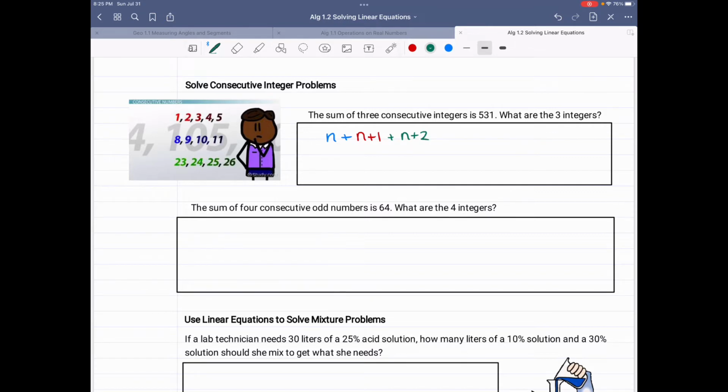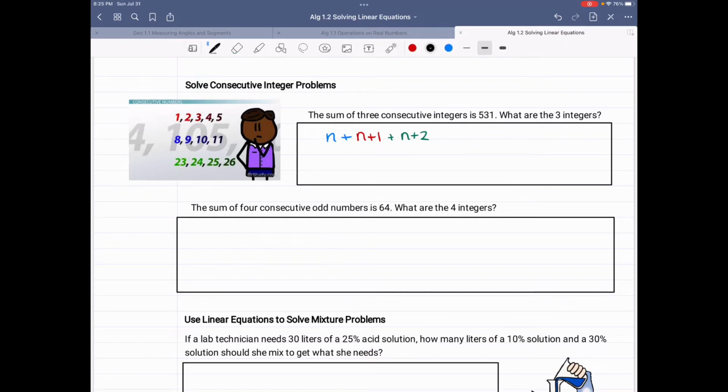Okay, so think of it as if we plugged in the number 1 into n. You don't need to write this down, I'm going to erase it after, but if you put 1 here, the next number would be 1 plus 1, and the next number would be 1 plus 2. So that would give us 1, 2, 3, and you can see that they're in order. We're just adding 1 to the number in front of it to get the next number.